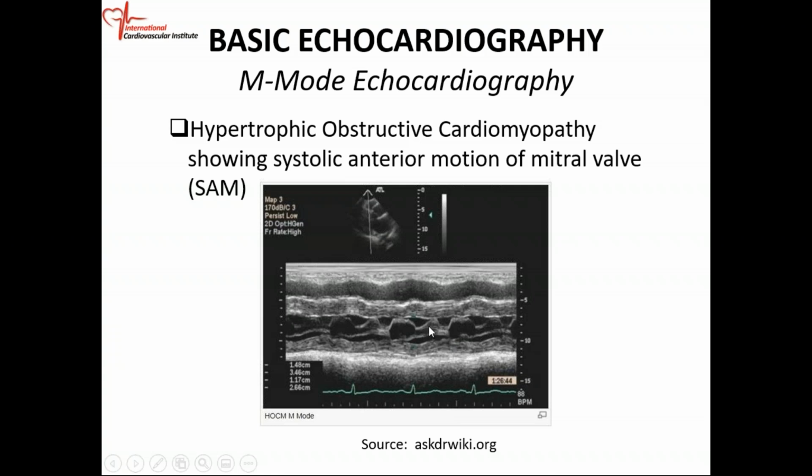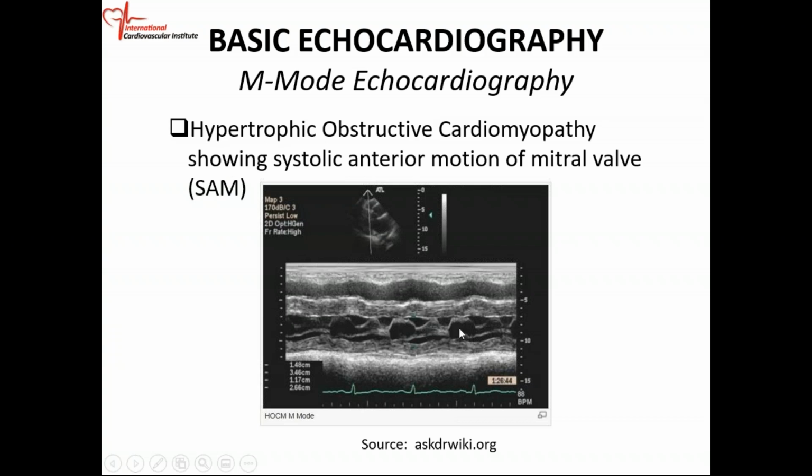In systole, something is going on, consistently. If you look closely, you have systolic anterior motion of the mitral valve, because in systole, the mitral valve is moving up towards the septum. This is what you call SAM, systolic anterior motion of the mitral valve.